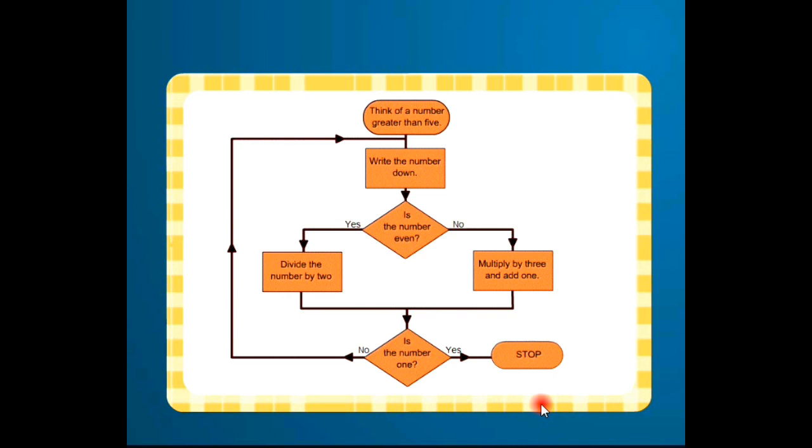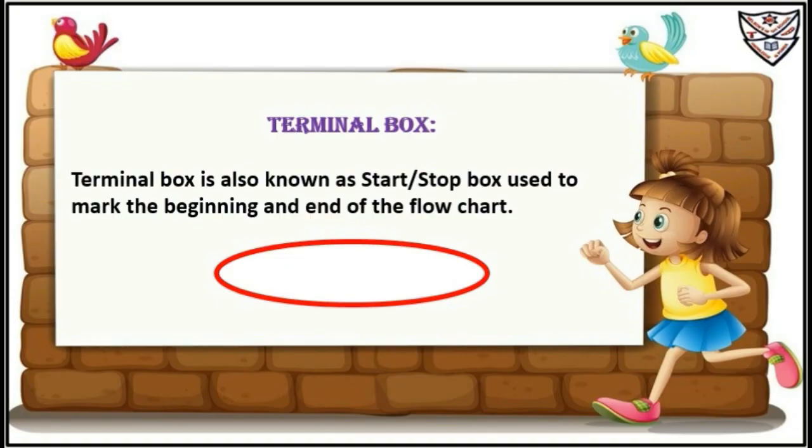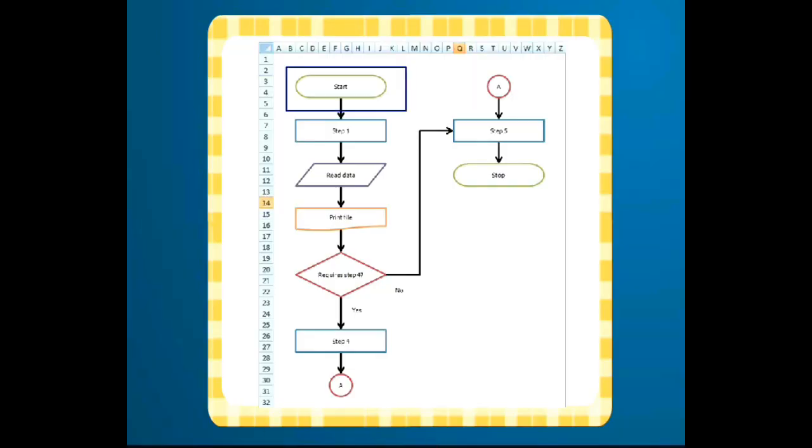The different symbols or boxes used to create a flowchart are: first, terminal box. The terminal box is also known as the start or stop box, used to mark the beginning and end of the flowchart.